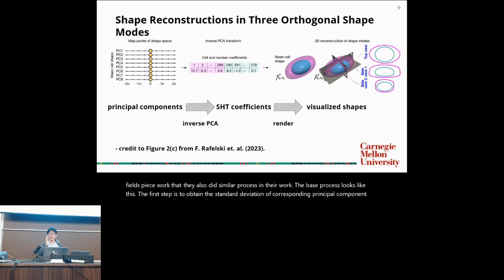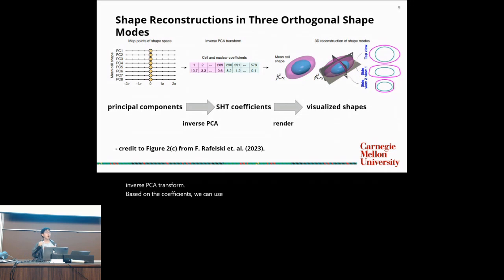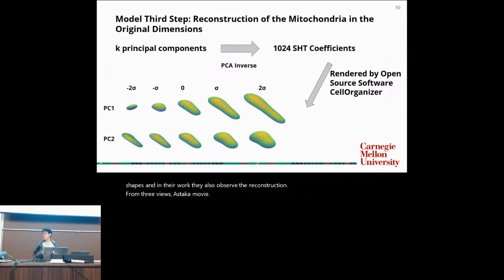And then we obtain this critical point and map it to the SHT coefficient space by applying the inverse PCA transform. Based on the coefficients, we can use some open source rendering software to visualize the shapes. And in their work, they also observed the reconstructed shapes from 3 views orthogonally. Actually, we also did the same thing.